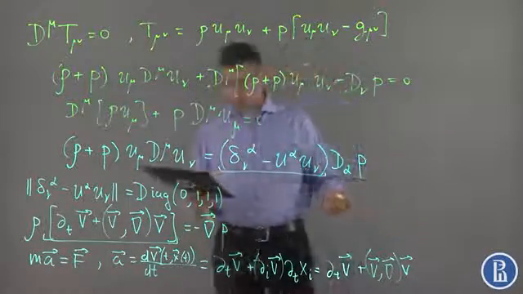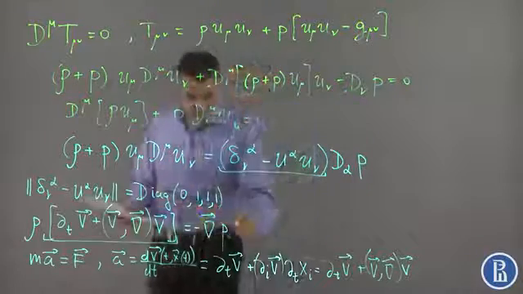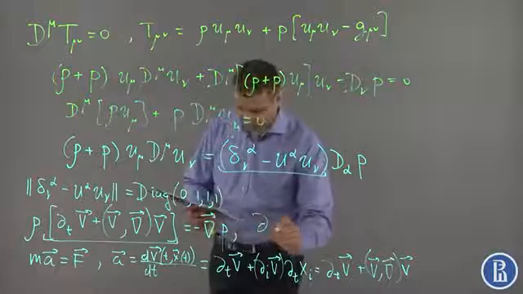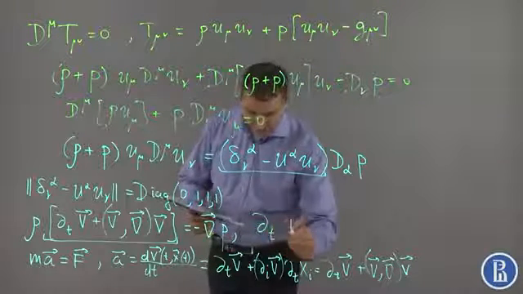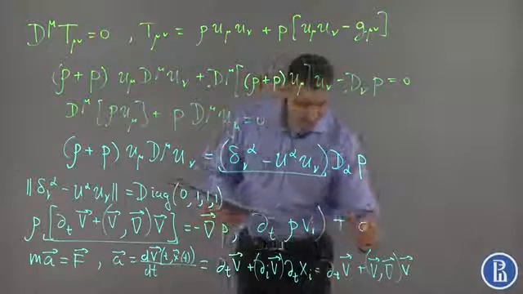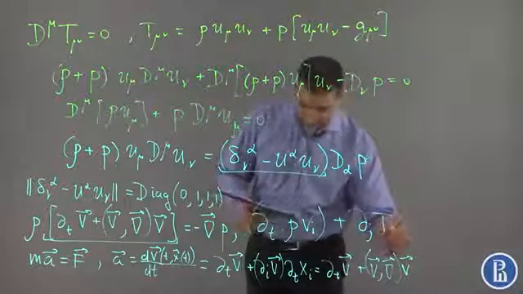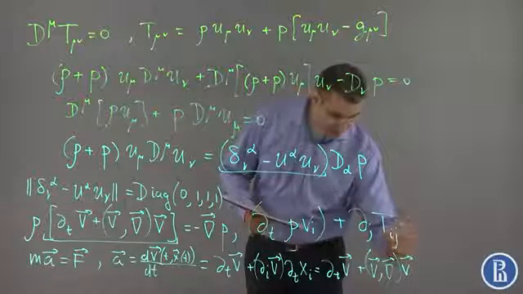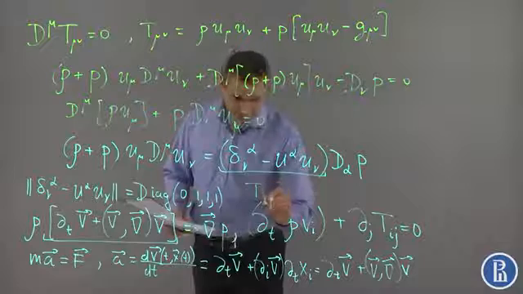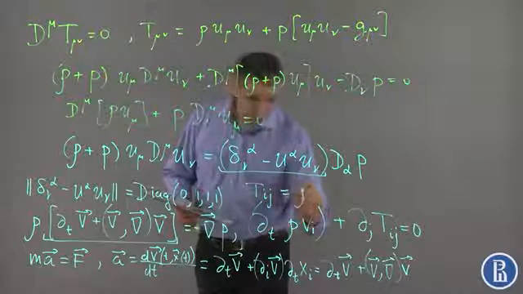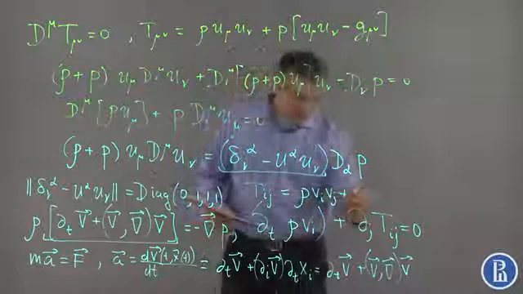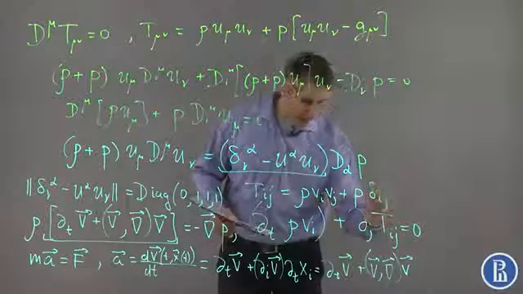And finally, the Euler equation can be written in this form: ∂_t(ρ v_i) plus ∂_j T_ij equals 0, for T_ij equal to ρ v_i v_j plus p δ_ij.